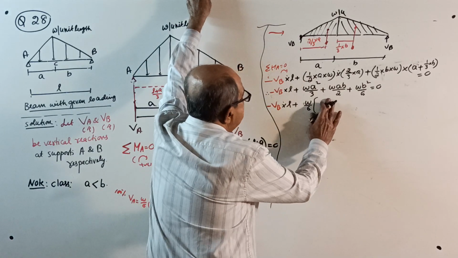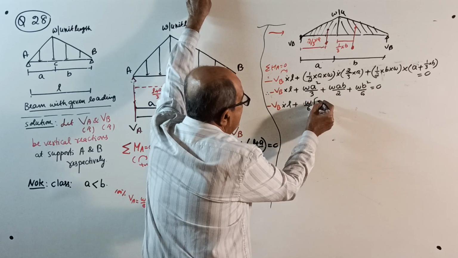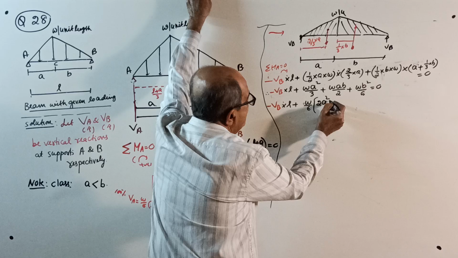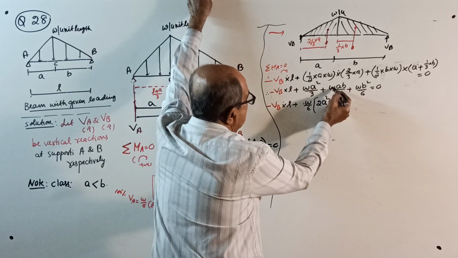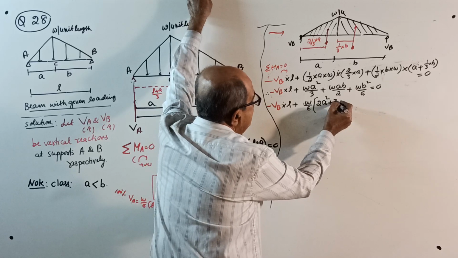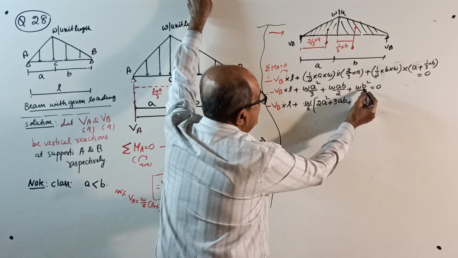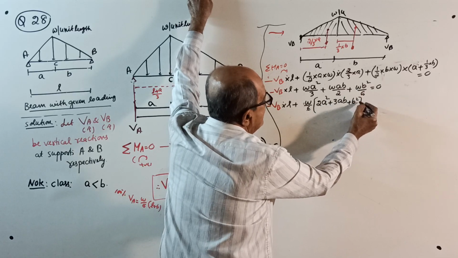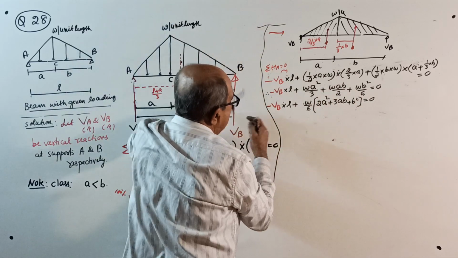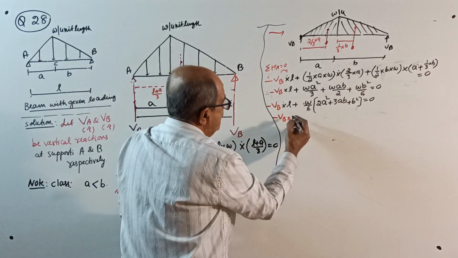Therefore, since you take W by 6 outside, 3 is there, it is 2A square plus here, W they are taken outside. Here 2 and 6, 3AB, see here 3AB, 2 3 times plus B square equal to 0 or minus VB into L. In the class I will ask, do you want this one?